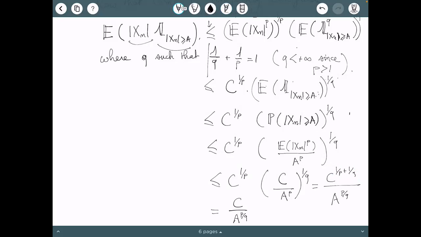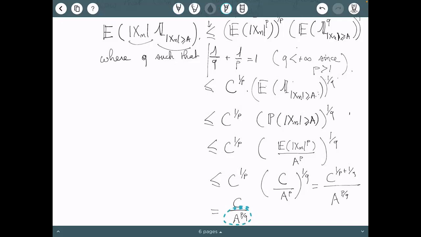And this is the first thing that I need. For uniform integrability, you need some bound which is independent of n, because it has to be uniform. And the second thing is that because I have this a, where p over q is some positive constant, I know that a power p over q is going to plus infinity as a goes to plus infinity.